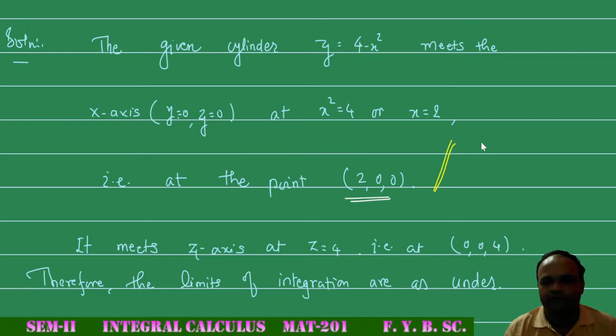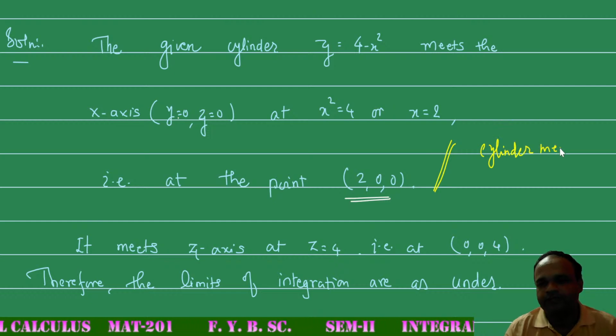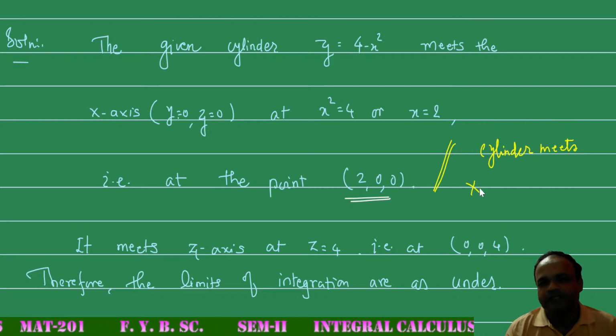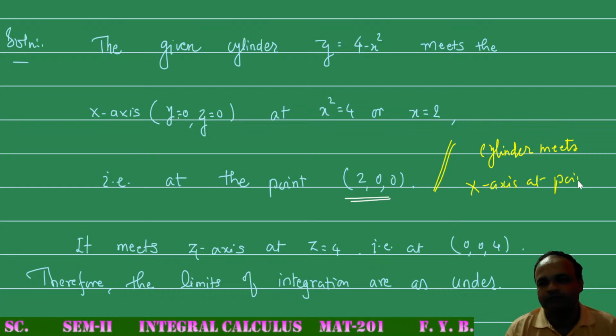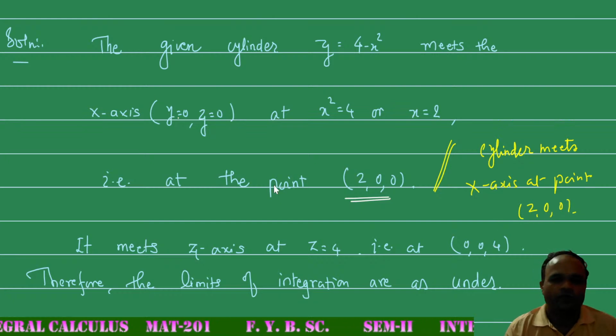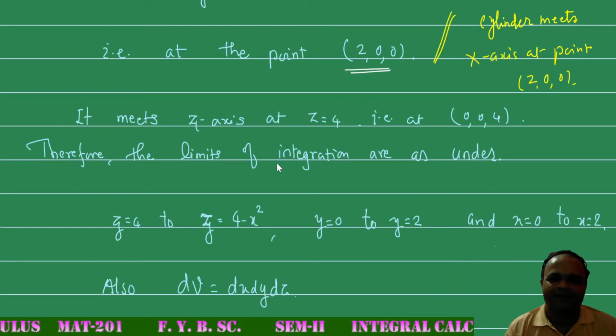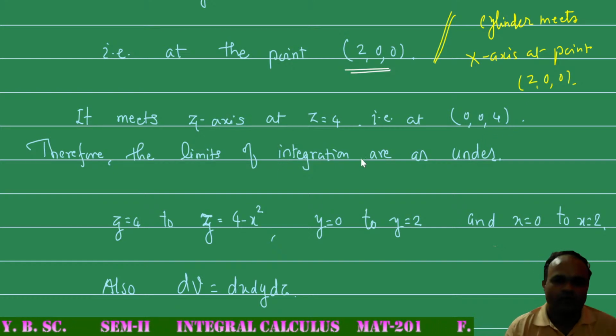So you can write: the cylinder meets the x-axis at the point (2, 0, 0). It meets the z-axis at z equal to 4, that is at (0, 0, 4).